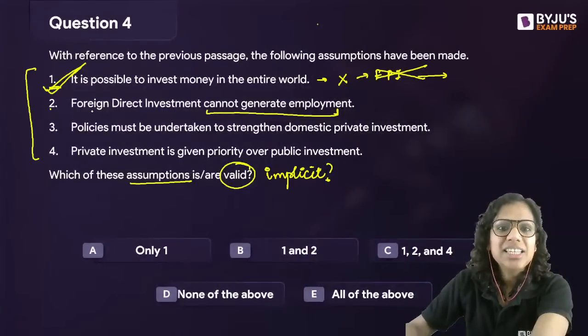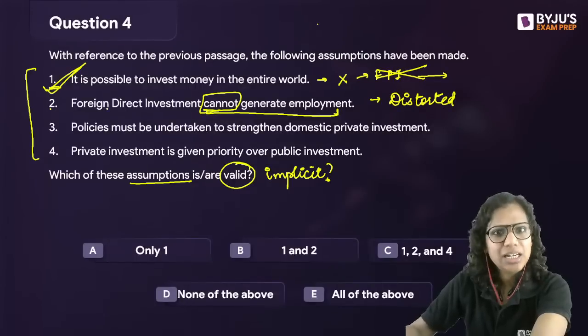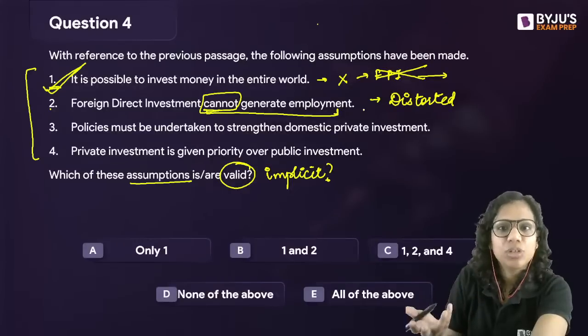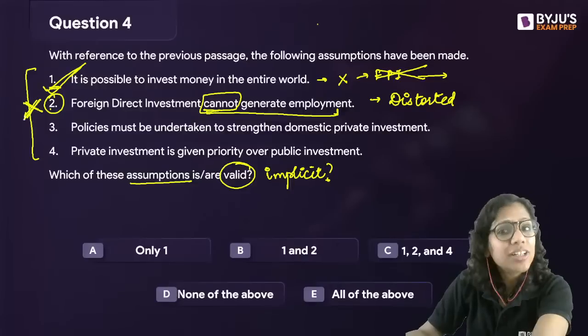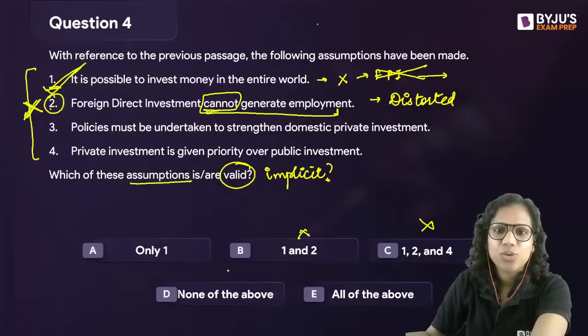So this is distorted, saying that it cannot generate employment. It does generate employment, but because it's so volatile, there will be no stability in that employment. That's why 2 is not implicit in that discussion. So these go out of the window.